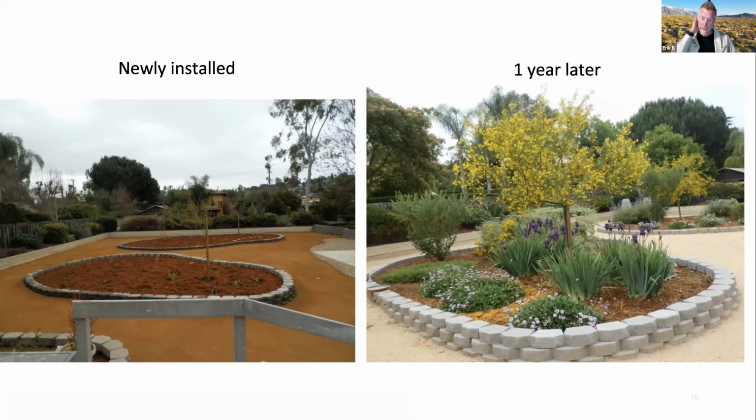And then it looks like one year later, we've got a pretty well-grown garden. Pauline says bland on the newly installed. I think newly installed is always going to look bare, and you just have to bear with it.